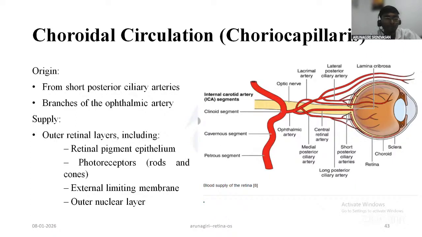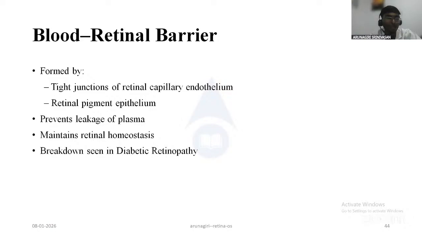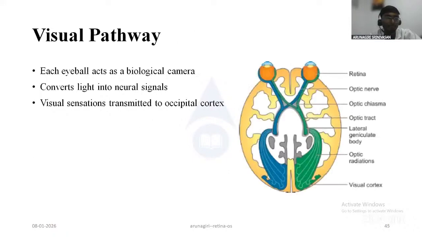They supply the retinal pigment epithelium, photoreceptors, external limiting membrane, and outer nuclear layer. The blood retinal barrier is formed by tight junctions of retinal capillary endothelium and retinal pigment epithelium. It prevents leakage of plasma and maintains retinal homeostasis. Its breakdown is seen in diabetic retinopathy.